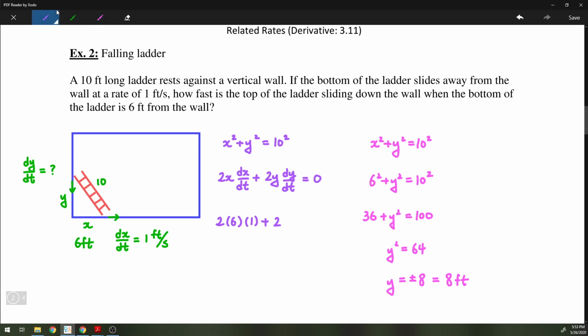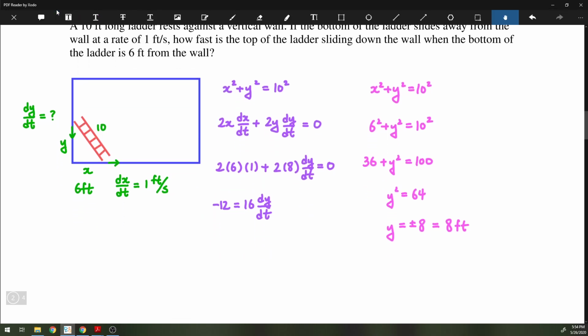All right, so we can substitute an 8 here. So we are just left with dy/dt as the sole unknown. And then you will get, let's see here, negative 12 is equal to 16 dy/dt.